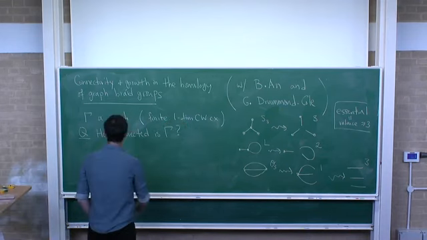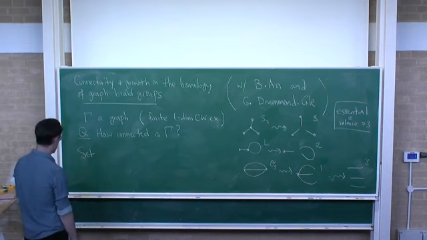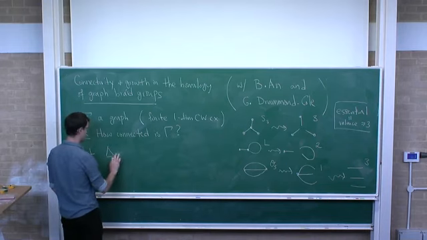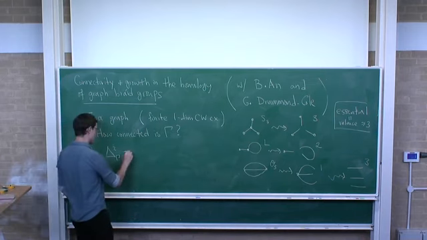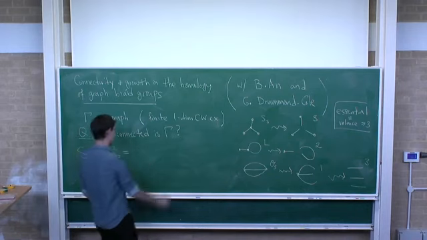Okay. So I want to define an invariant of graphs called delta sub gamma i. And what it does is record how you do this process.